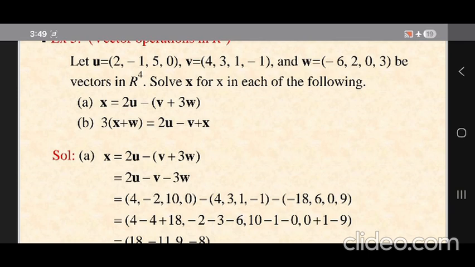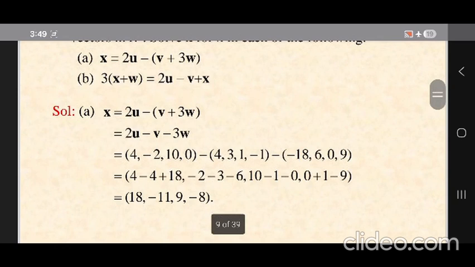Then minus v, which is right there, then minus 3w, where 3 multiplies the w vector: minus 6 into 3 is minus 18, 2 into 3 is 6, 0 into 3 is 0, and 3 into 3 is 9.